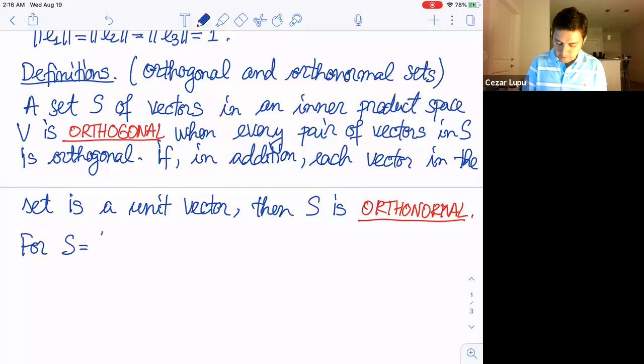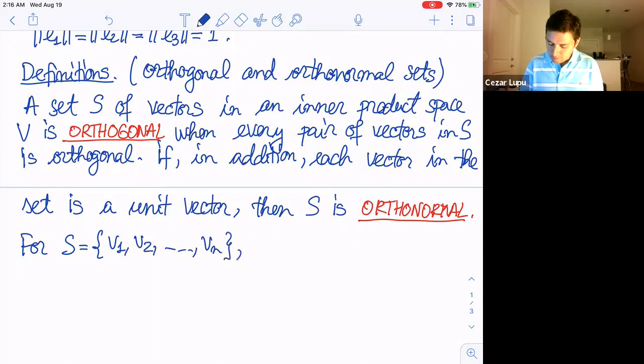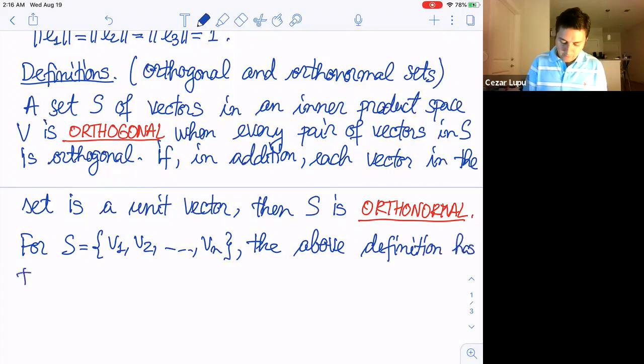Let's suppose we have S, which will consist of these vectors, V1, V2, up to Vn. The above definition has the following form.